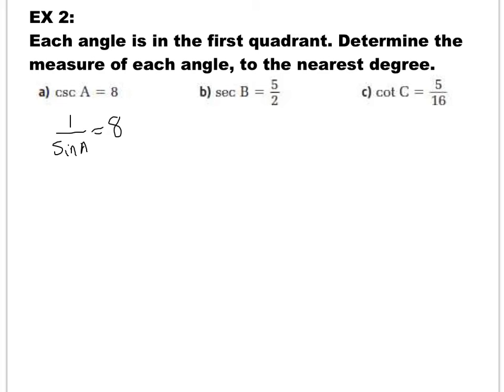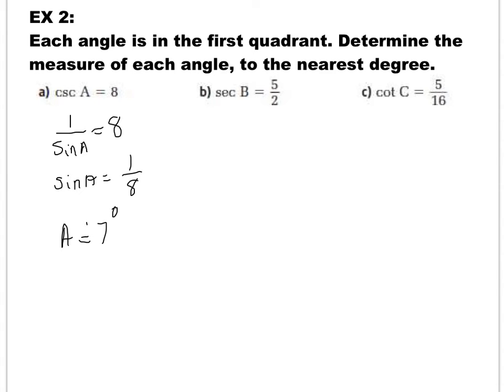I can just flip both sides, and I get sine of A is equal to 1 over 8. Now your calculator can be used because you have the inverse function on your calculator. So if you use inverse sine and the value 1/8, then you will get A is approximately 7 degrees.